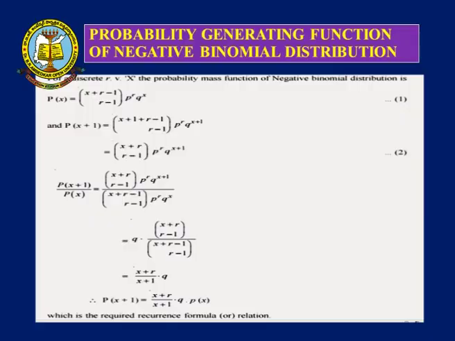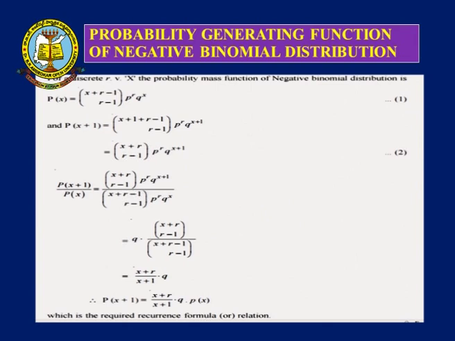Now I am going to discuss the next important property, which is the recurrence relation for the probabilities of the negative binomial distribution. What is the use of this recurrence relation? Using this we can fit a negative binomial distribution.